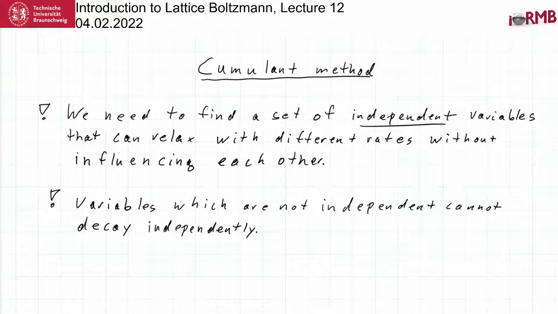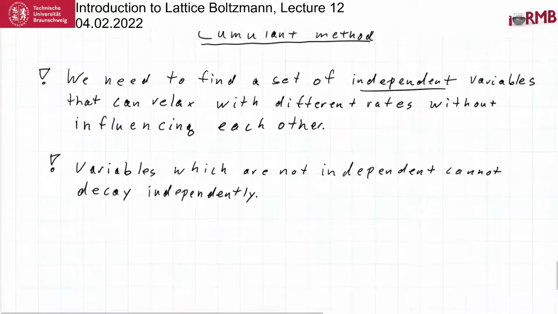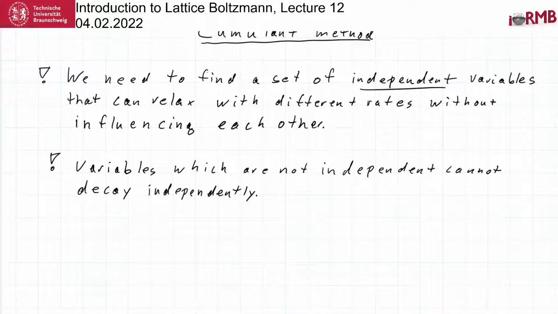Okay, so now, we are talking a lot about variables being coupled, and some variables are coupled and some are not coupled. So we have to specify what it means statistically.